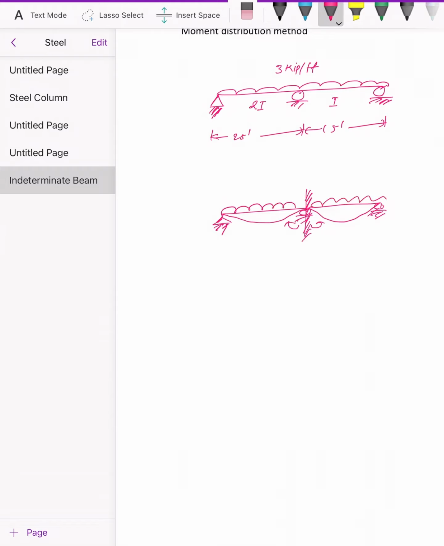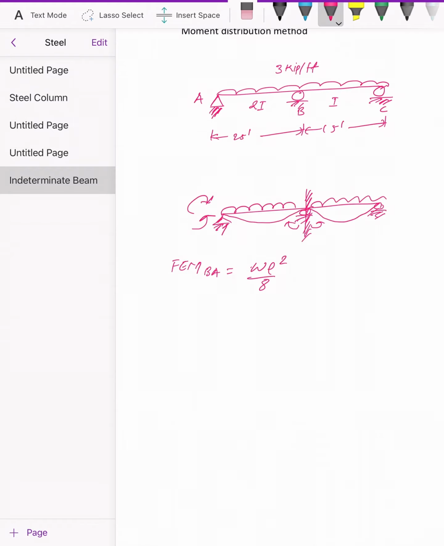So the fixed end moment, let me say this is point B, point C. The fixed end moment of BA is equal to WL squared over 8. Our sign convention is clockwise is positive and counterclockwise is negative.